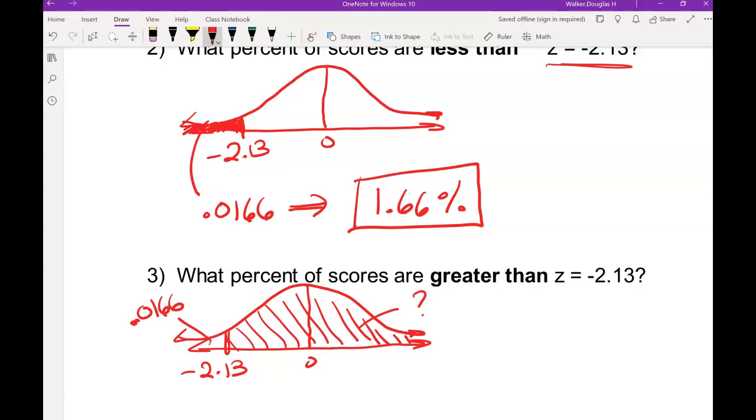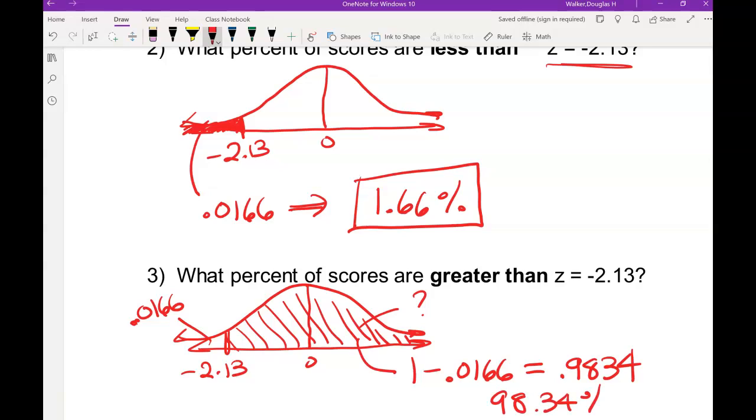The probability of the whole thing is going to be 1, or 100% of the values. So to find the greater than, we're going to have to subtract the 0.0166 from 1. And that's 0.9834, or as a percent, 98.34%.